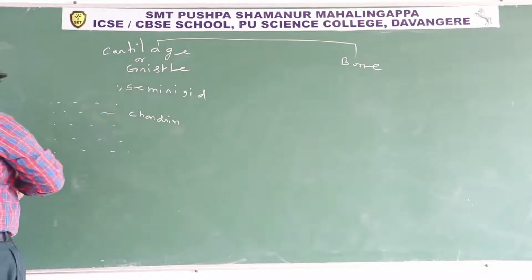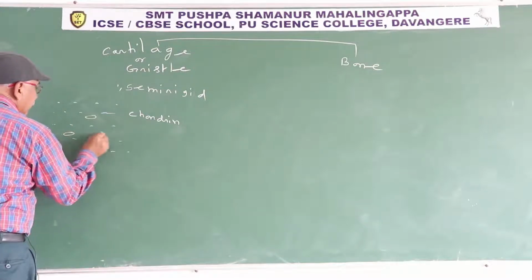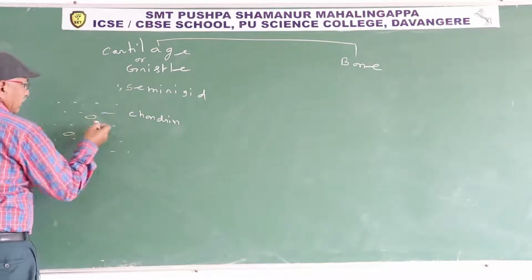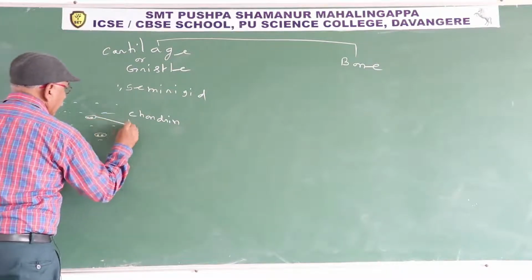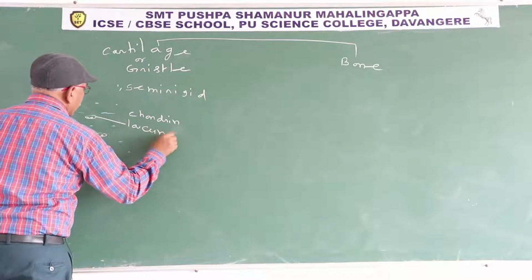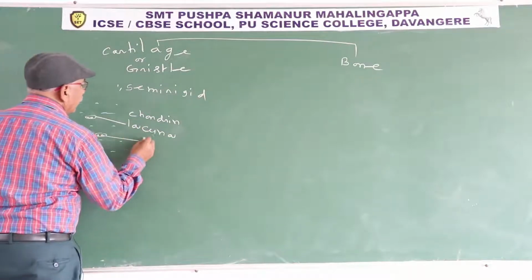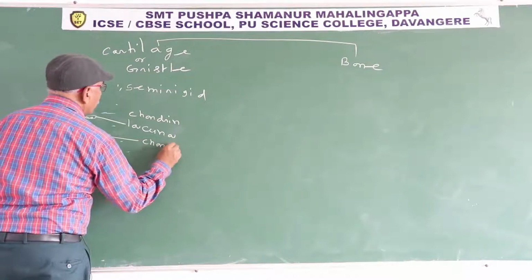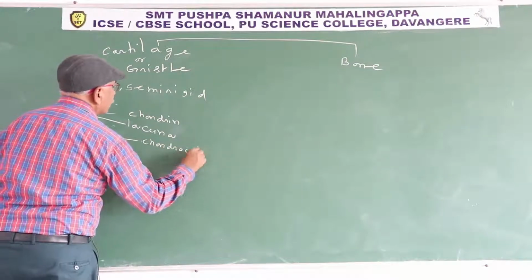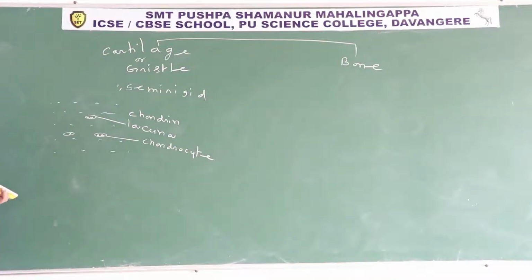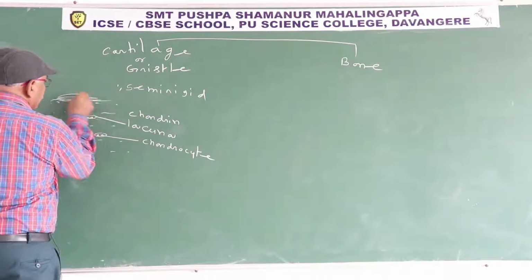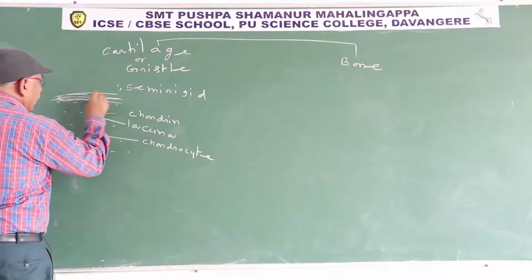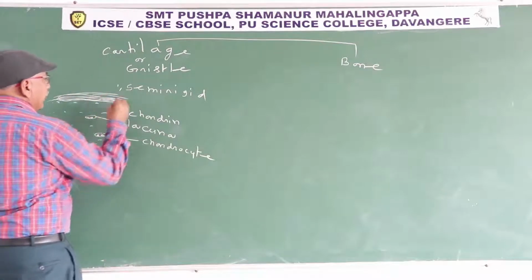In the matrix, empty places are present. Empty places are known as lacunae. Each lacuna contains 2 to 4 chondrocytes. The fibrous layer present around the cartilage is known as perichondrium.